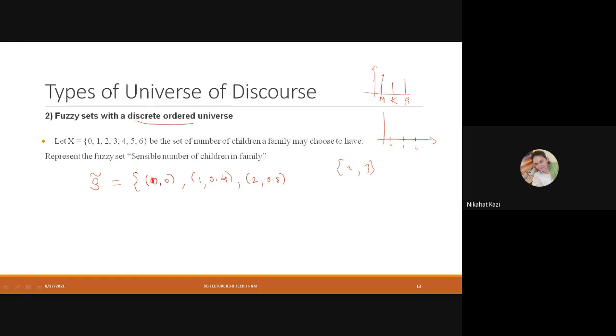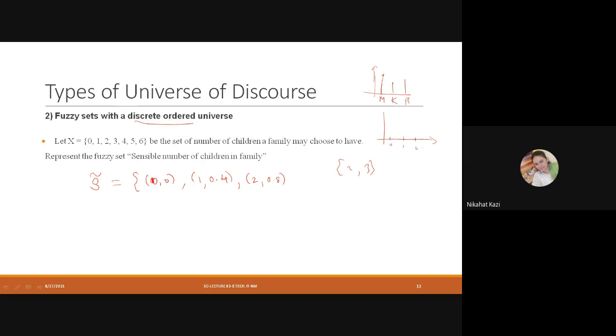And maybe 0.8 is the highest value that I want to give. Like in the last example also, 0.9 was the highest value that I wanted to give. I didn't say 1 because maybe there are some drawbacks which I have to take into consideration. So it cannot be like Mumbai is the best, right? So there are some drawbacks also. So similarly here also 0.8 is the maximum value I want to give.